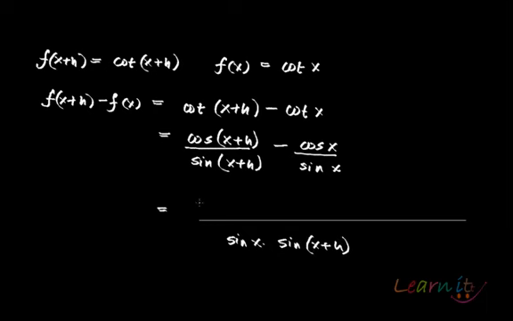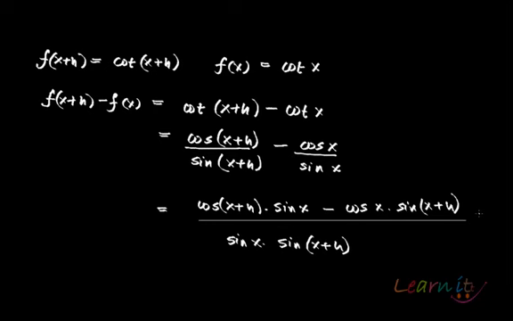So the numerator will be cos of (x plus h) sine of x, and you will have minus cos of x into sine of (x plus h).